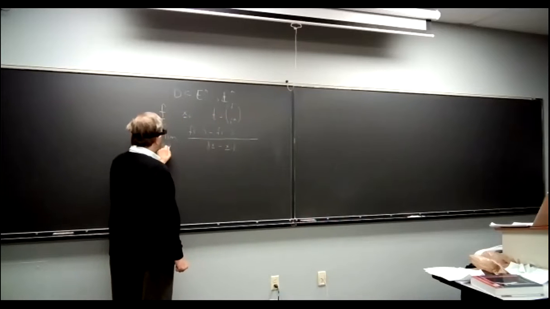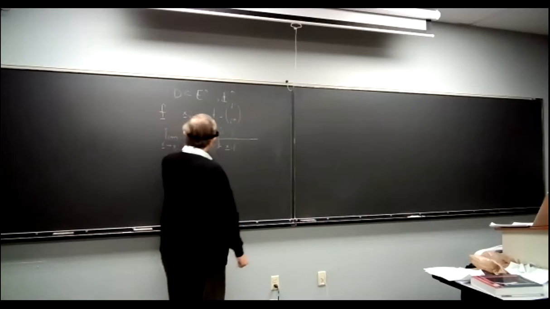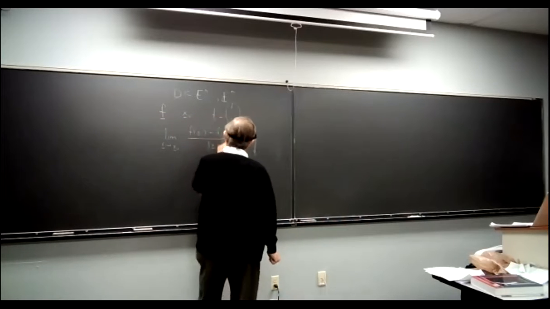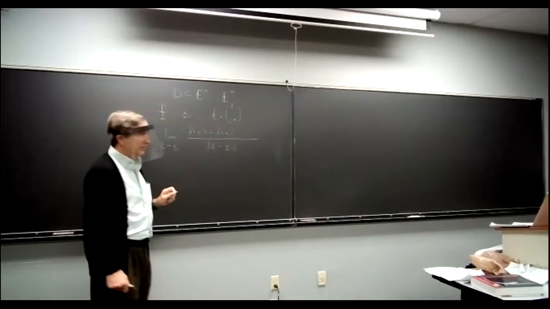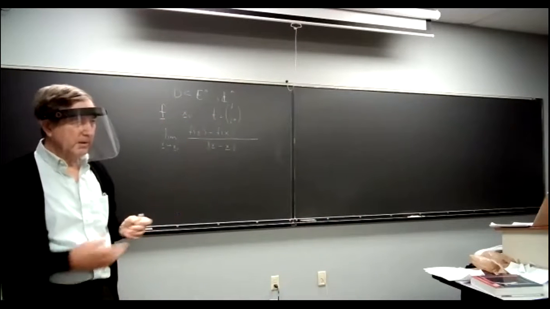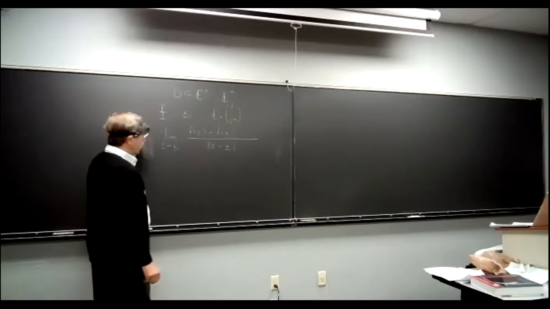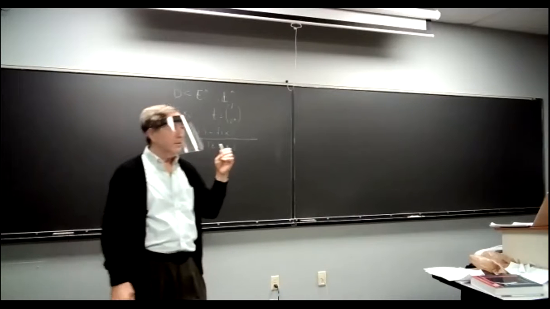We have a vector x and a vector x naught. If I stopped there, that would look very much like a derivative that we had in Calc 1. The trouble with that is that limits are single valued. You get a number.